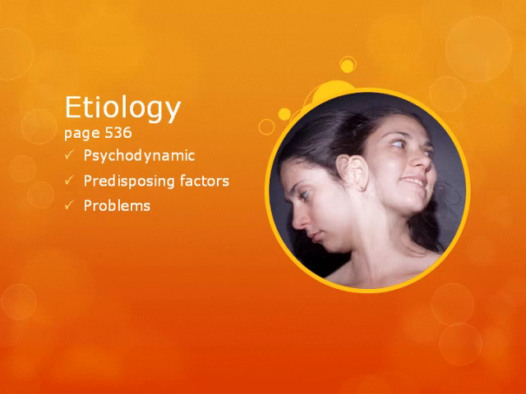Excessive amounts of norepinephrine may be involved in manic episodes. And there does tend to be high levels of substance abuse disorder, where they're trying to self-medicate. They're trying to relieve their symptoms with alcohol or other drugs.